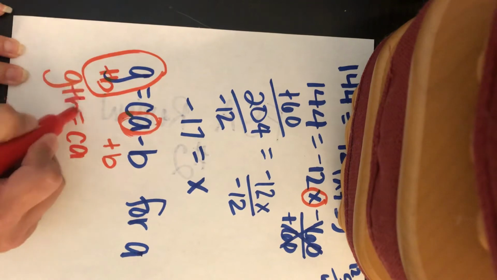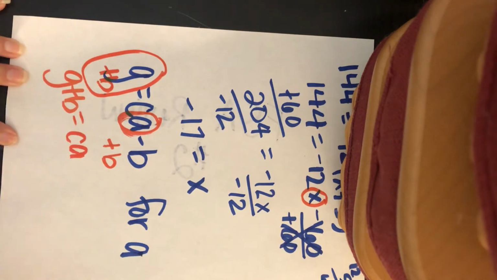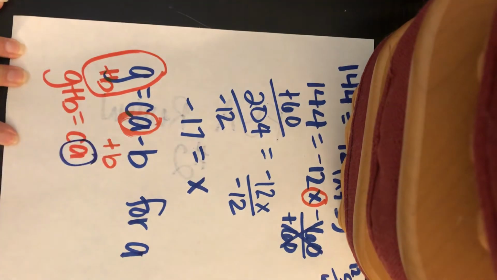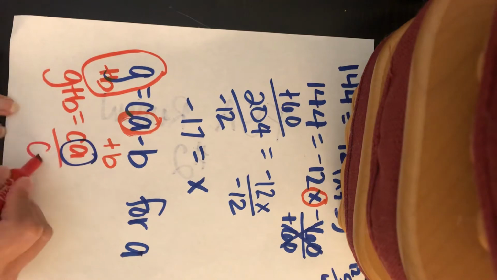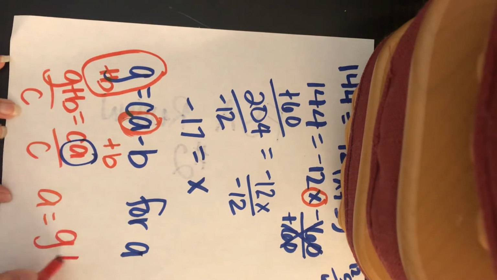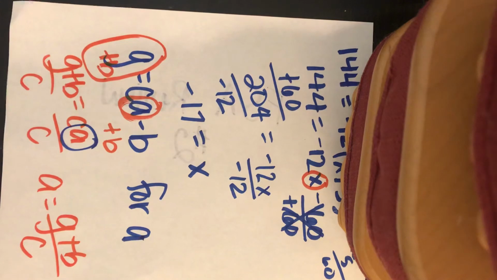So G plus B equals CA. I'm still solving for the A, it hasn't changed. Right now it's being multiplied. In order to undo multiplication, I divide. So that A is going to be equal to G plus B divided by C. Those were always your favorite, I say sarcastically.